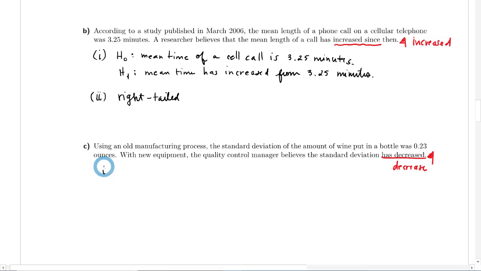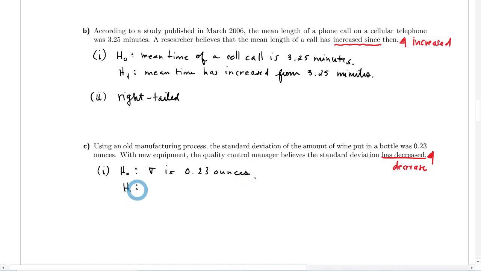If we go ahead and write the hypotheses, the null is the status quo. So what was the status quo? That the standard deviation is 0.23 ounces. That has not changed.